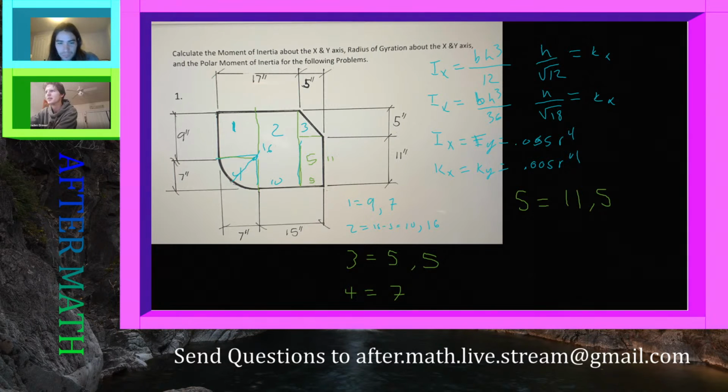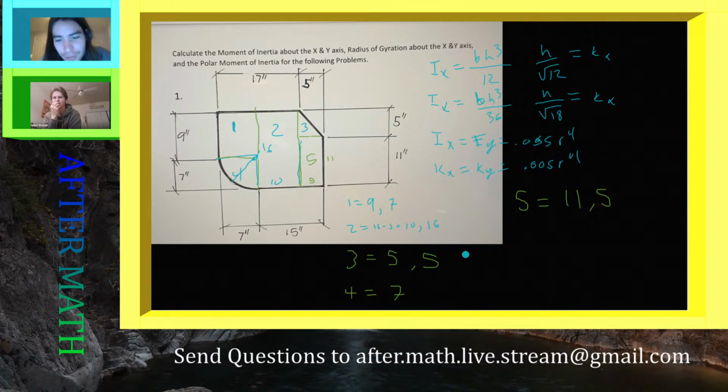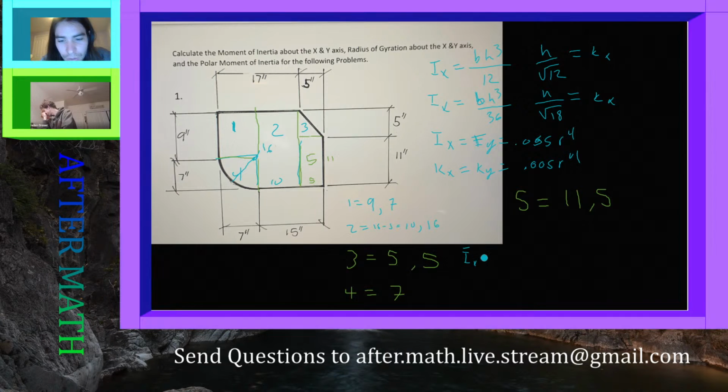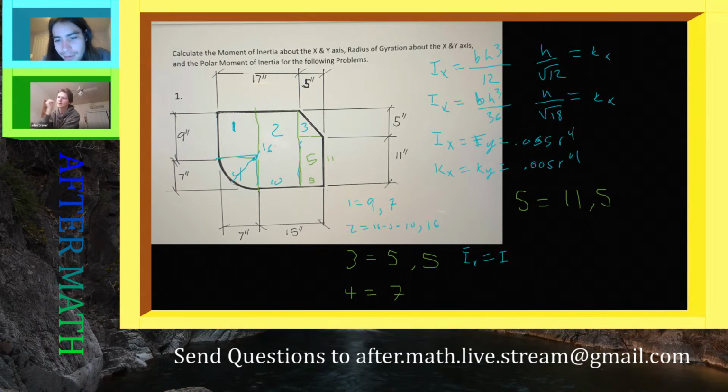So there's this equation that we're now going to need to use, which is how we add all the inertias together. Which is, I of x of the whole thing is equal to the original I value of, let's see here, how does this exactly work?